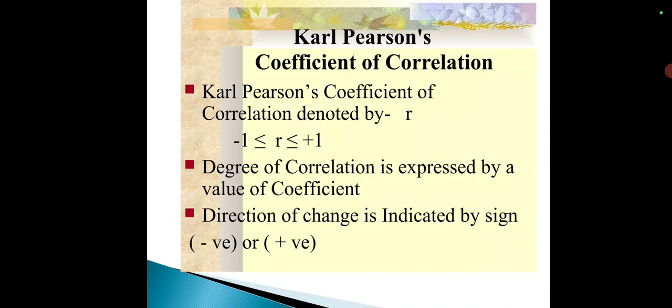Karl Pearson's coefficient of correlation, denoted by r, lies between -1 and +1. -1 means negative correlation, +1 means positive correlation, and 0 means zero correlation. The degree of correlation is expressed by the value of the coefficient, and the direction of change is indicated by the sign, plus or minus.